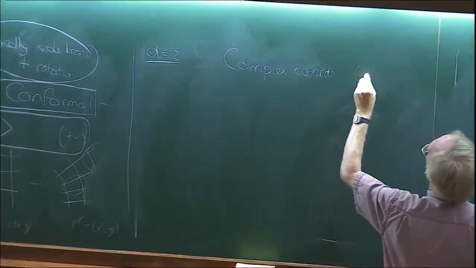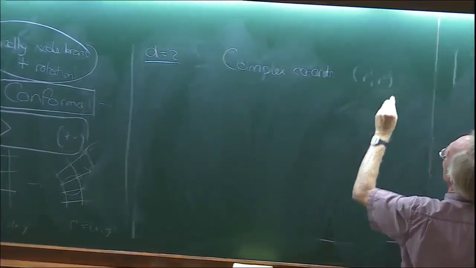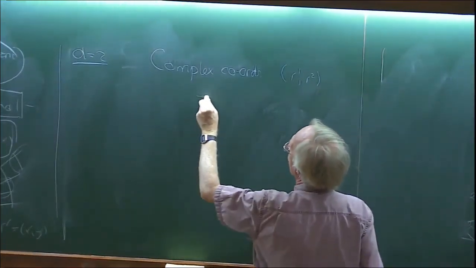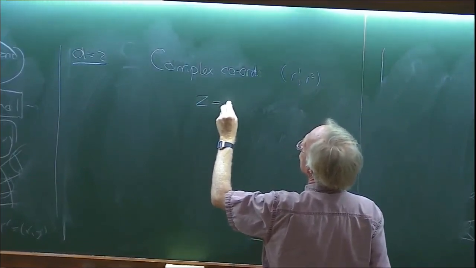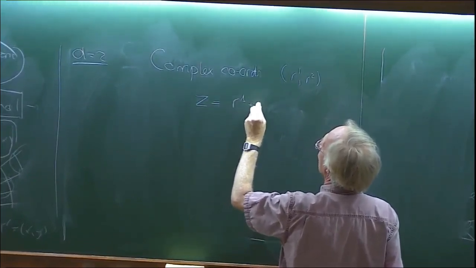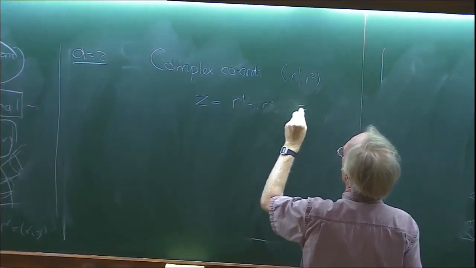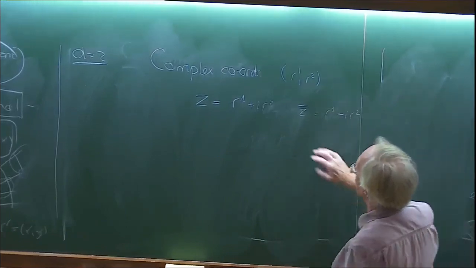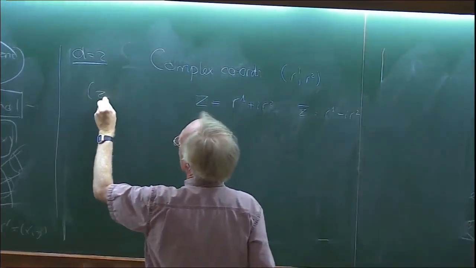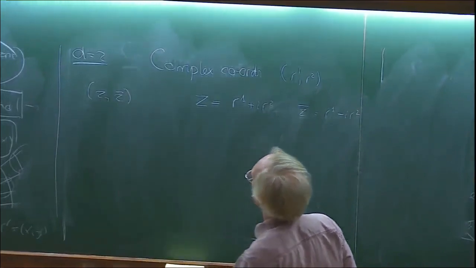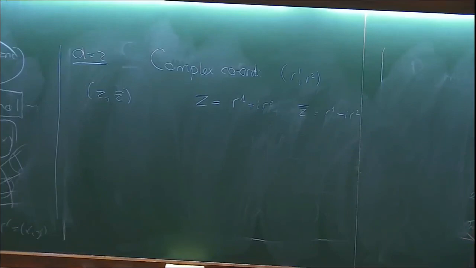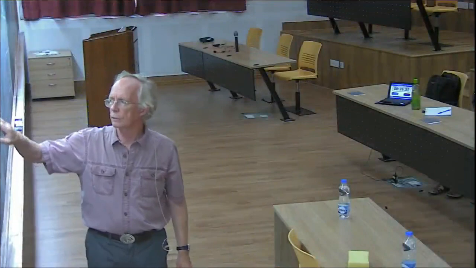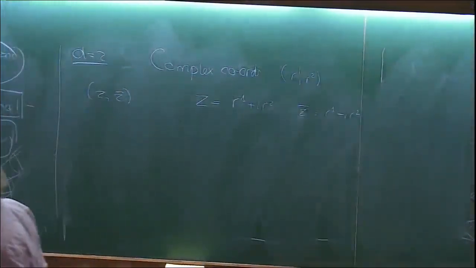So we had our Euclidean coordinates R1 and R2, or X and Y if you prefer. If we define in the usual way a complex number, Z, which is R1 plus i R2, and Z bar is R1 minus i R2, then we can use Z and Z bar as complex coordinates. And of course, they're not independent in the sense that Z bar is the complex conjugate of Z.